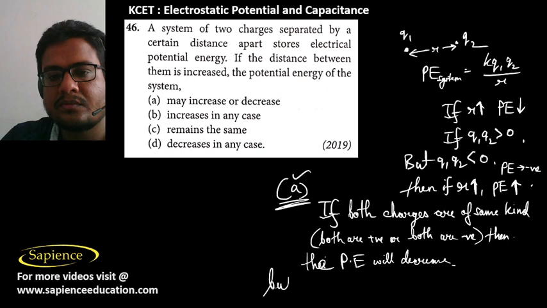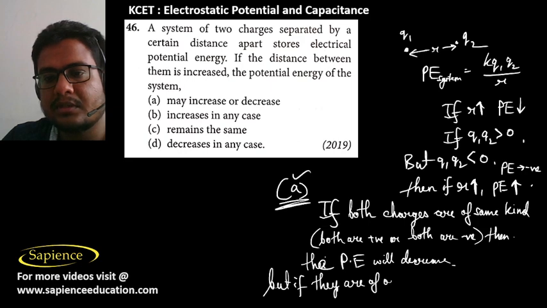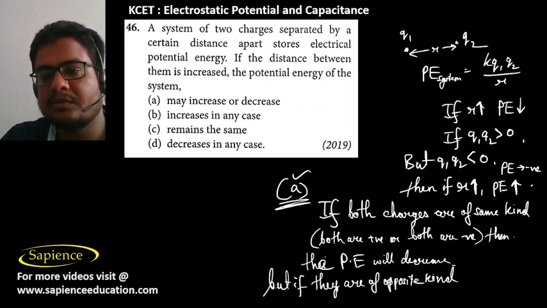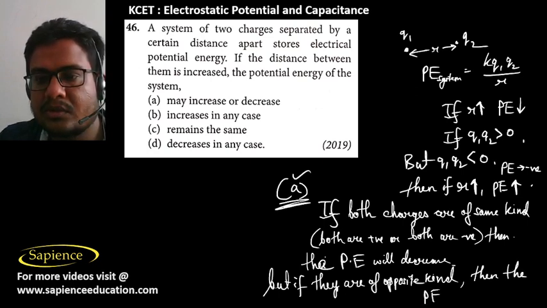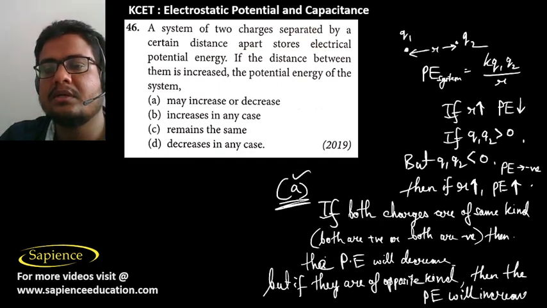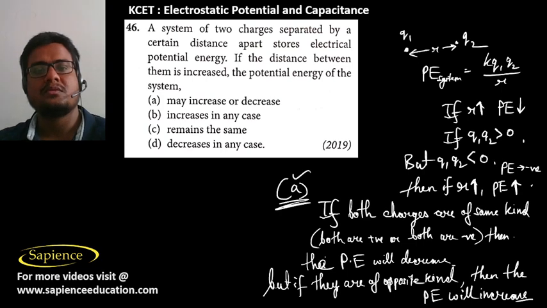But if they are of the opposite kind, one positive charge and one negative charge, then when the separation is increased, the potential energy of the system will also increase. So it may increase or decrease.